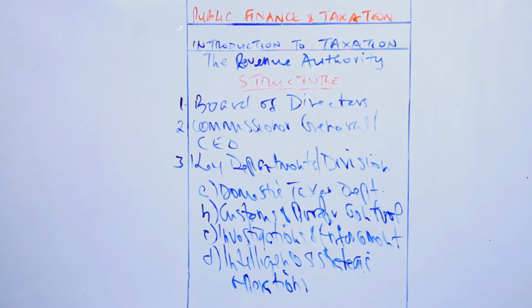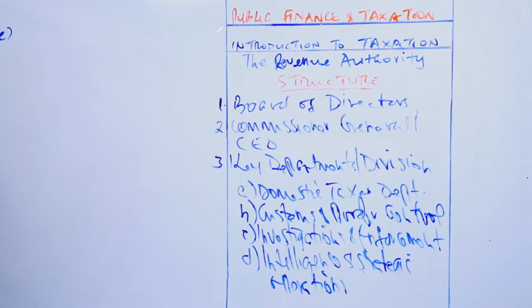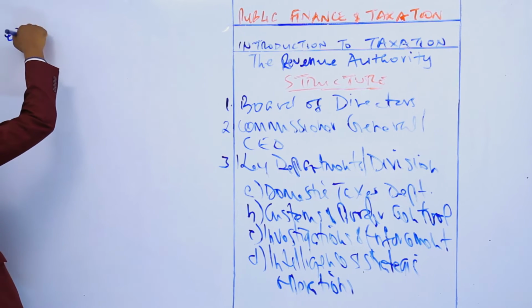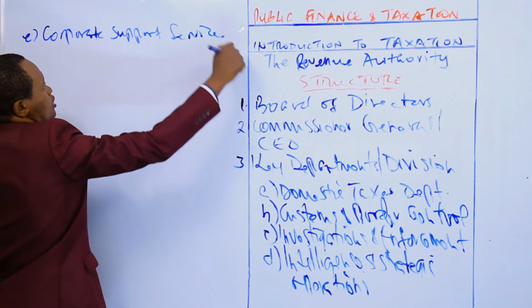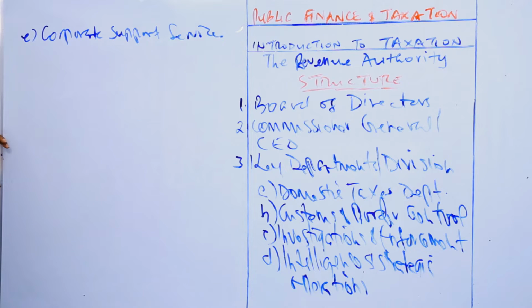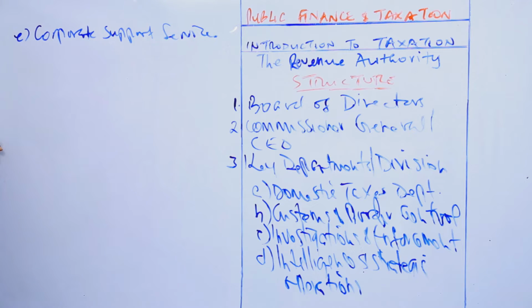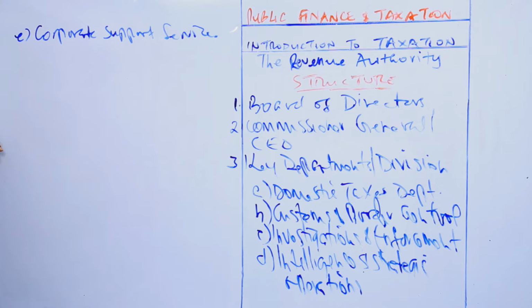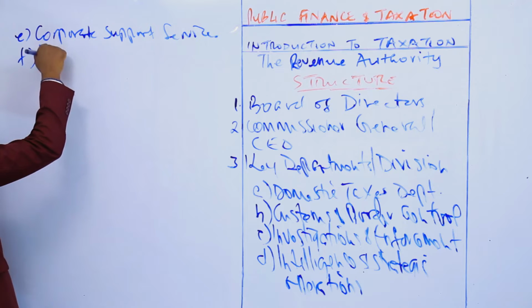Number 5 is the Corporate Support Services Department, which provides internal support functions like human resources, finance, and administration.